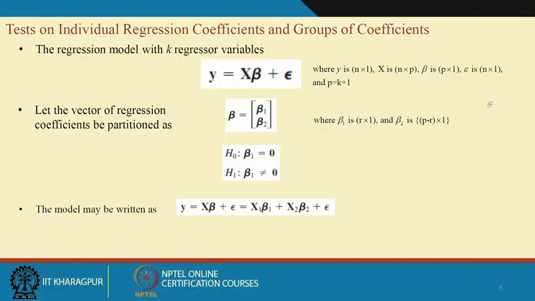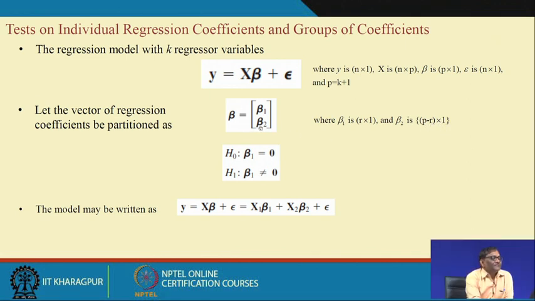So, essentially the mathematics here is, when I have k regressor variables, this is my model, and these are the things known to you, and then I divide into 2 parts. One is beta 1 and beta 2, where beta 1 is r cross 1, r number of variables, and as I have p number of parameters to be estimated, where p is equal to k plus 1, then p minus r cross 1 is the number of variables we are partitioning.